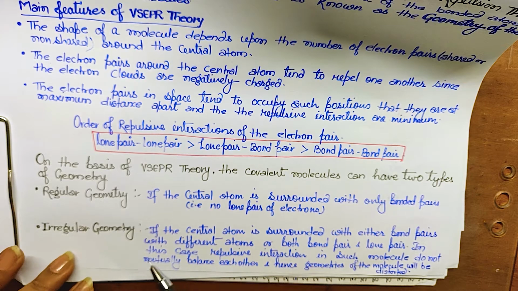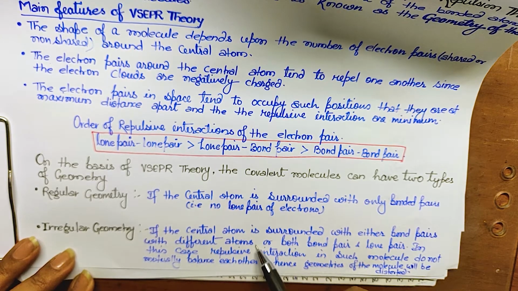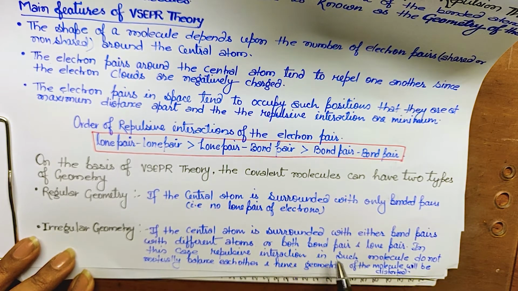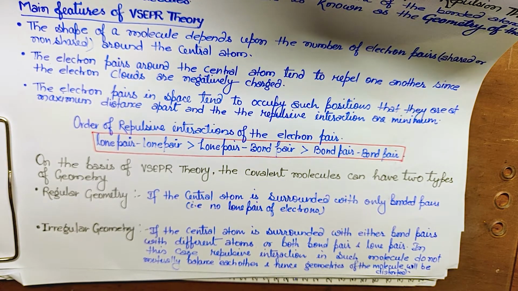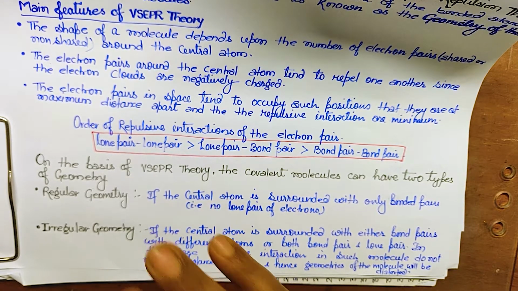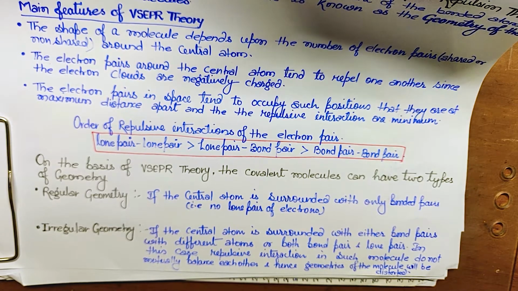But if the central atom is surrounded with either bond pairs with different atoms, or both bond pairs and lone pairs, got it? Either different elements, like on one side chlorine is attached, on another side fluorine, on the third side some other element is attached. Or if there is a bond pair and a lone pair of electrons on the central atom, then the geometry will be different.